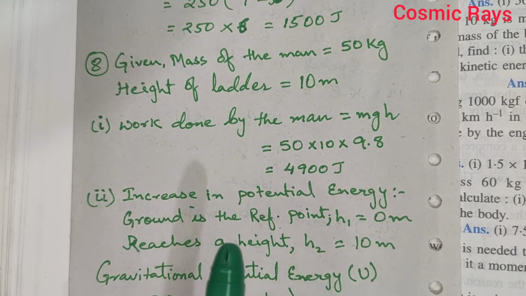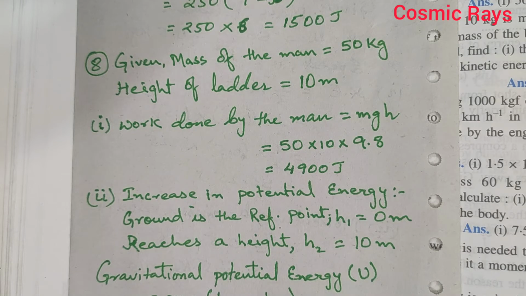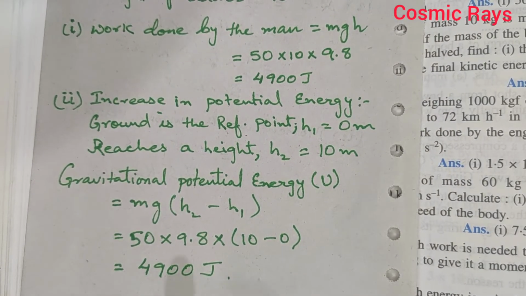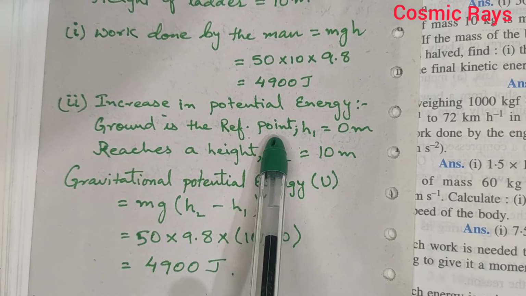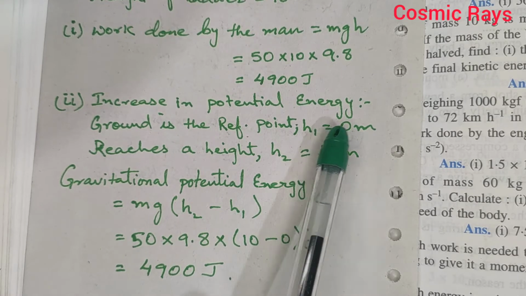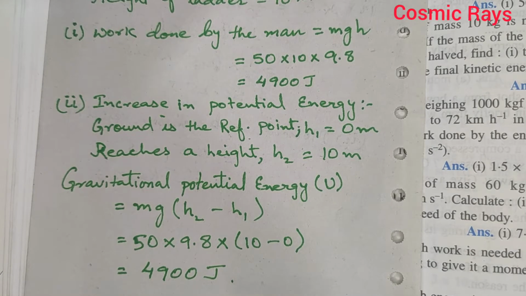Now the second part of the question says we have to find the increase in the potential energy. So here they are rising from ground to a height of 10 meter. The height of the ladder is 10 meter. So ground becomes our reference point. I have written here, you may see that ground is the reference point, which is our height h1, because whenever we are finding the increase in potential energy, then we have to use the formula mg h2 minus h1.